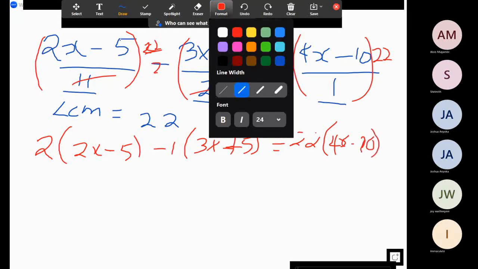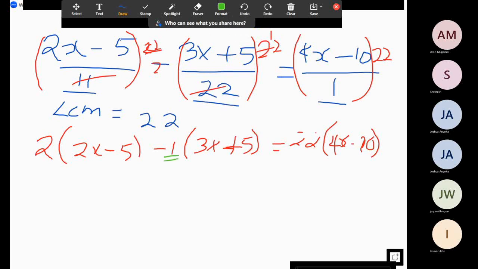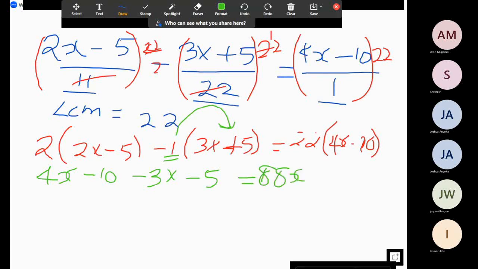This one is included there to show you that you are multiplying into this one to effect the sign. So this is 4x, 4x minus 10 minus 3x minus 5 is equals to 88x minus 220.